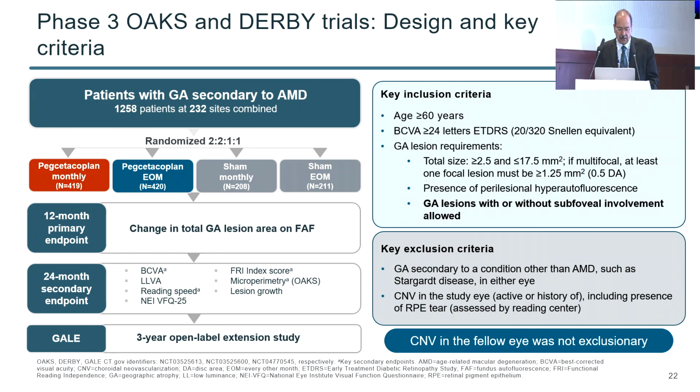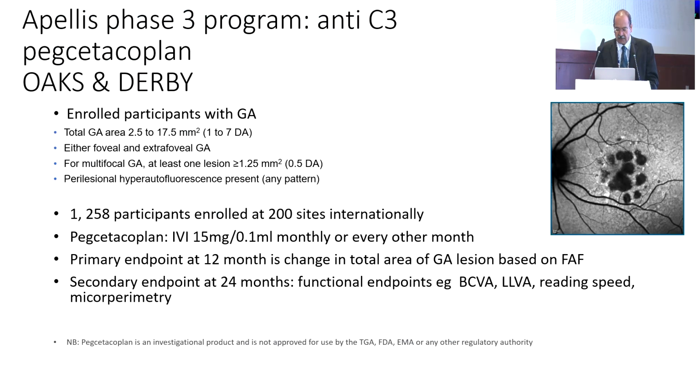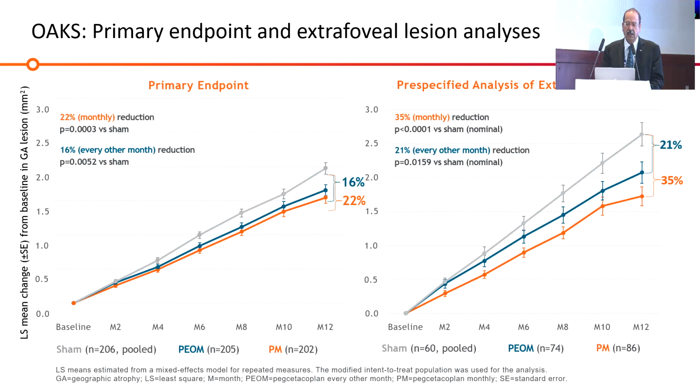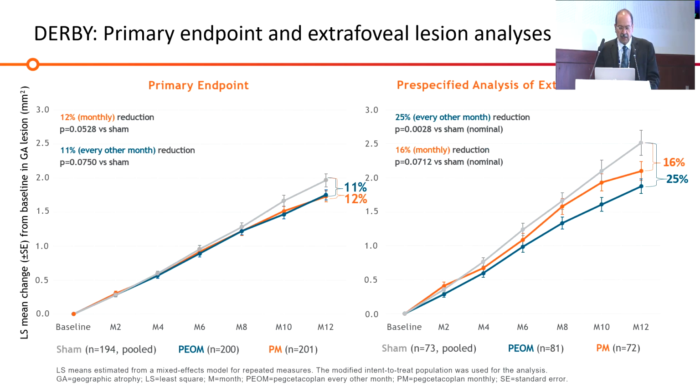Large study, 4 groups: PCP every month, every second month, and then 2 sham arms, again dependent on autofluorescence. The main thing to remember is that the drug that you inject is quite oily and it is a 0.1 mil injection. Again looking at the growth rate, in the AIOC study the primary endpoint was reached, where it slowed the growth down. In the Derby study, at the end of 1 year, it wasn't reached.